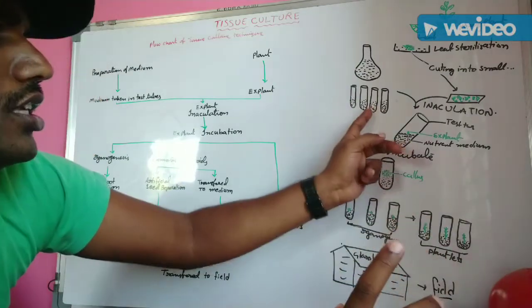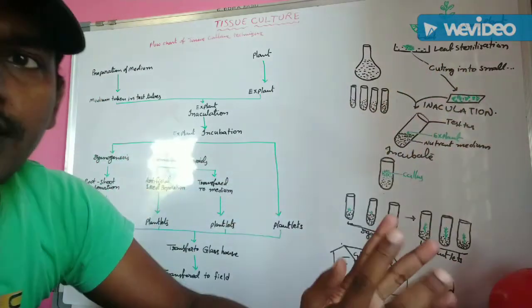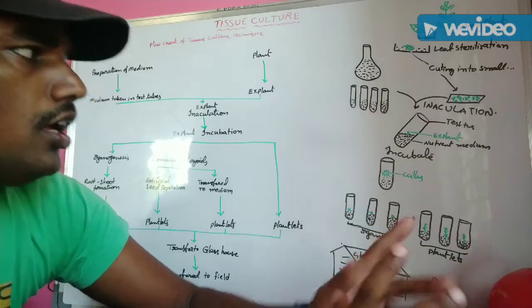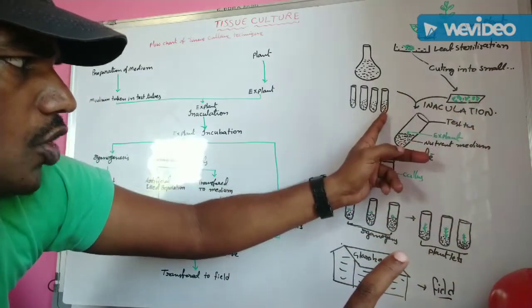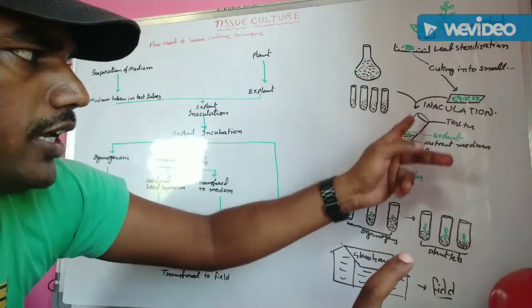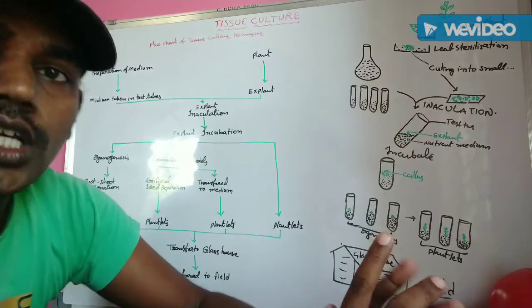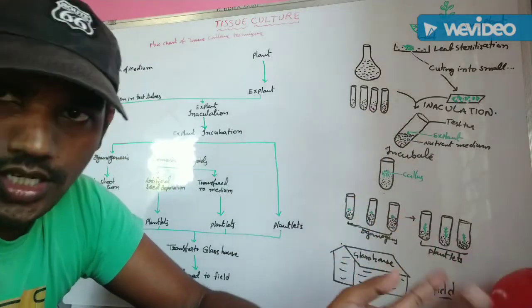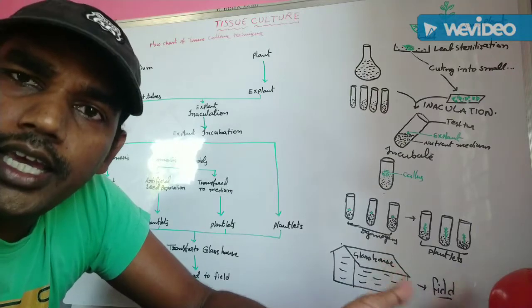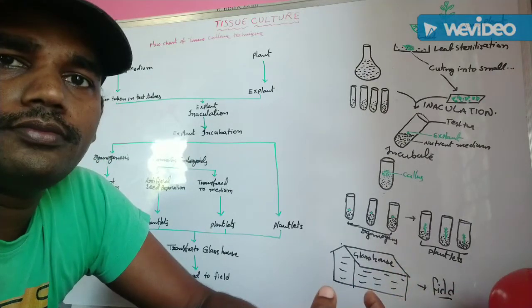Then after, these test tubes and the explants are taken into the laminar airflow chamber. Understand? This explant is inoculated into the test tubes under sterilized conditions. Under sterilized conditions means nothing but in the laminar airflow chamber.